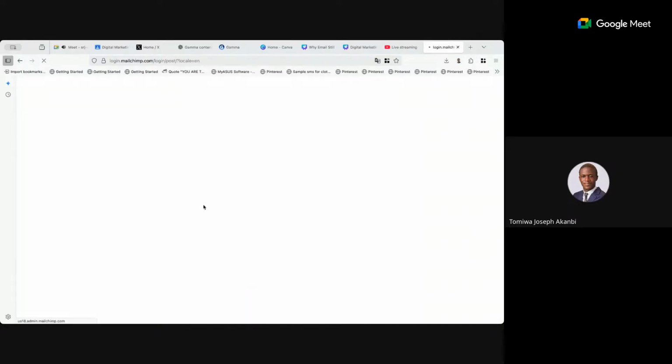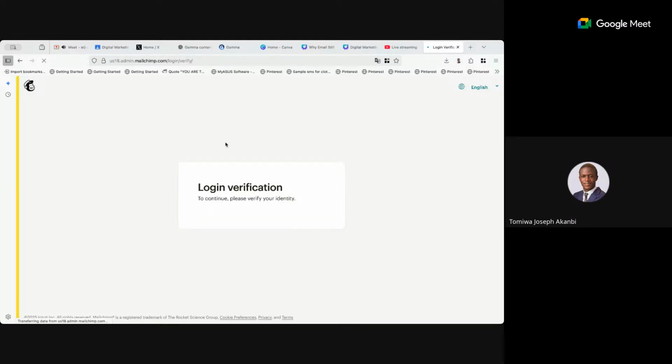Where will they send this OTP? So that's the problem. I hope it will be my phone number. Oh, I'm logged in. Interesting. Okay. So I need to ask for verification of identity.